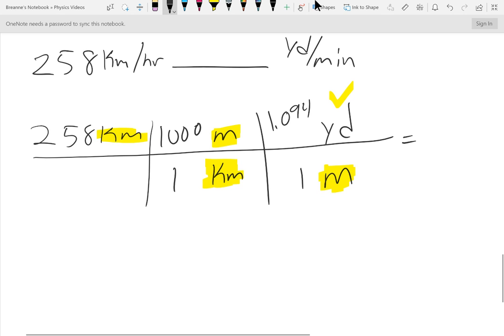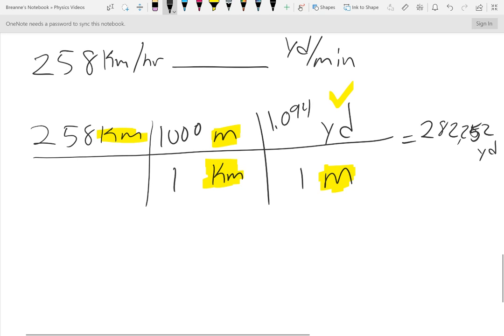So multiplying across the top, you get 282,200. Fun number right there. And that's yards.